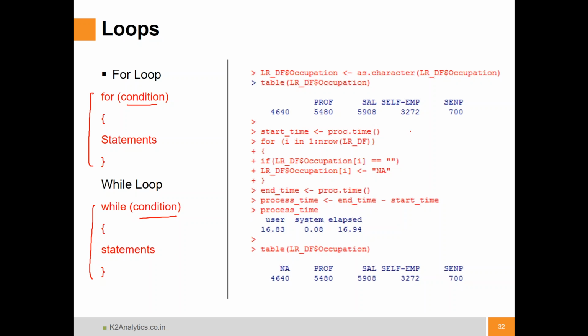So here I'm giving a simple application: for i in 1 to number of rows. So basically whatever is the value of nrow of LRDF, in this case it will be 20,000.